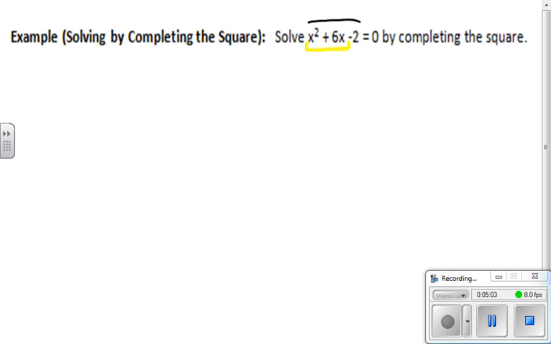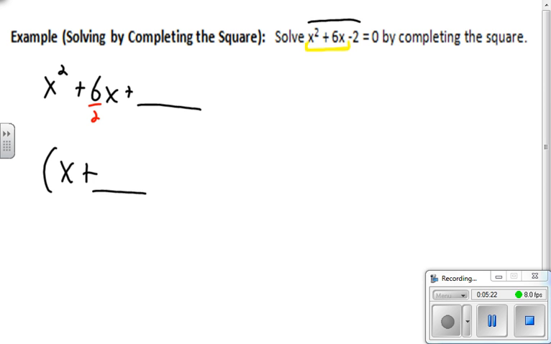Remember, you always just want to look at those first two values, x squared and 6x, and we need to make a perfect square out of that. So x squared plus 6x plus something should create a perfect square. And we remember that this value divided by 2 is what's going to give us this value. And 6 divided by 2 is 3.